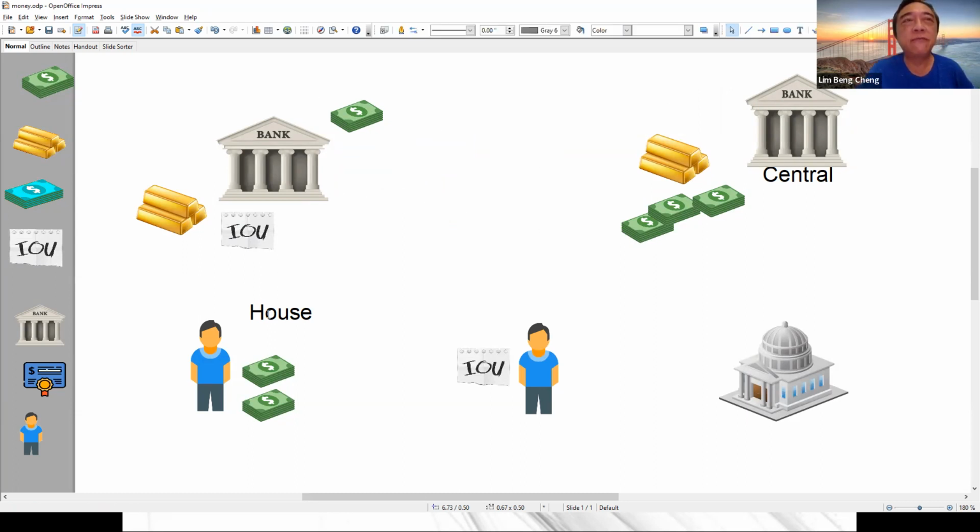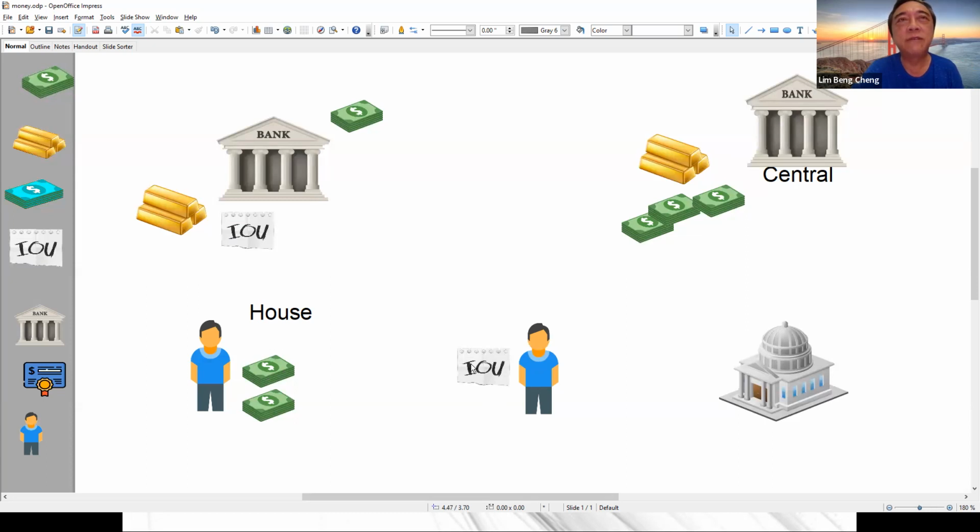So the bank now has an asset, the IOU, and it also owes the depositor. But the bank is earning interest from the house and paying interest to this fellow, a much lower interest. So the net result is the bank will gain money. But these two IOUs will cancel out eventually.